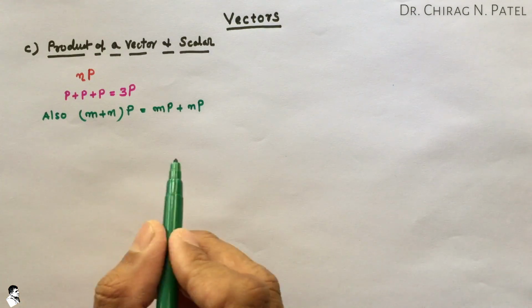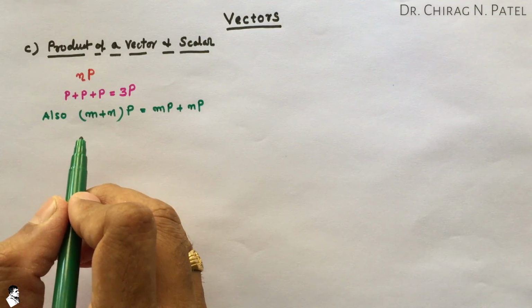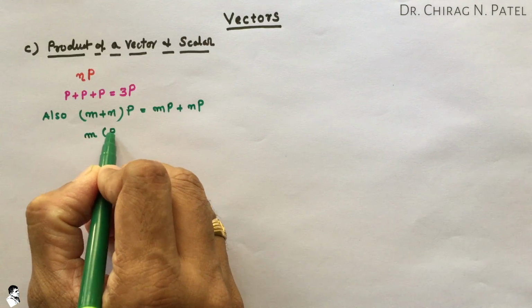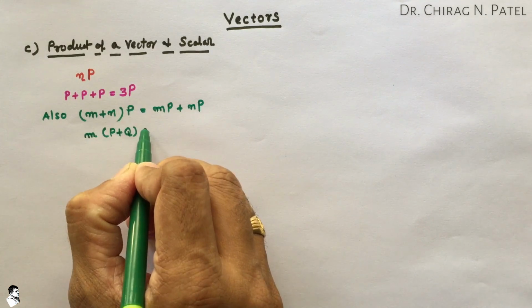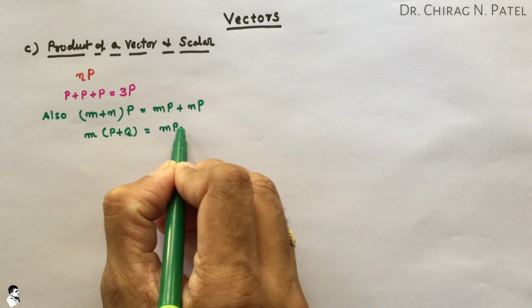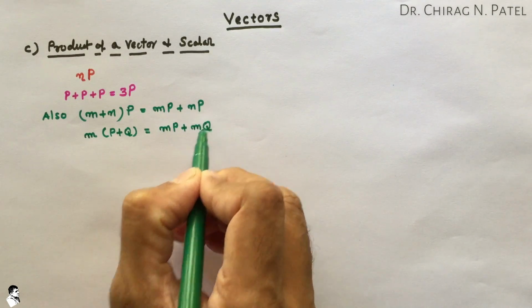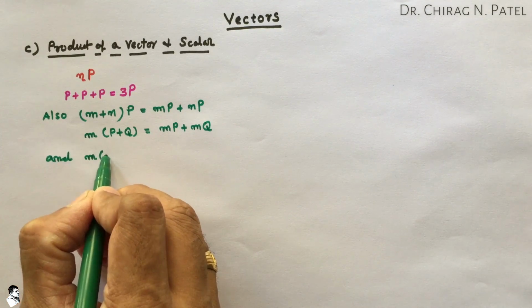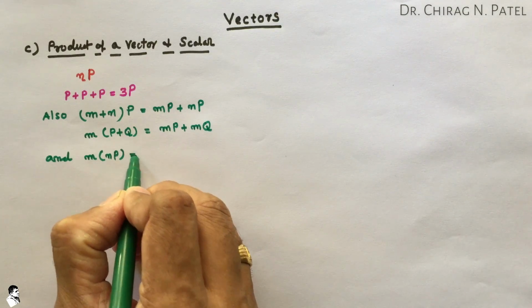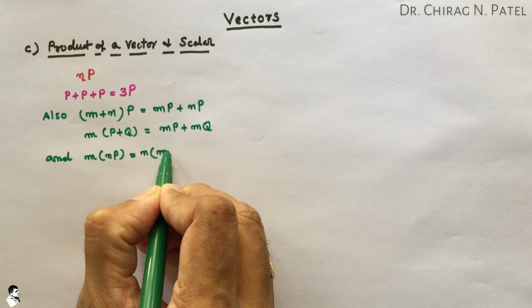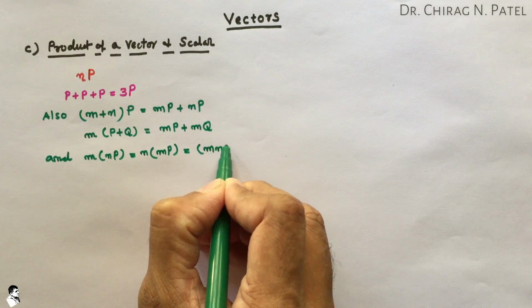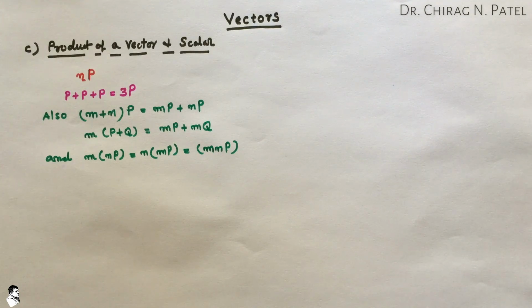So with different integer values multiplying different vectors, m(P plus Q) equals mP plus mQ, and m(nP) is equal to (mn)P. So these are the different things that we can write down.